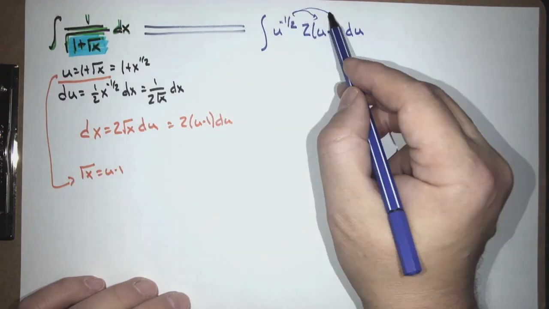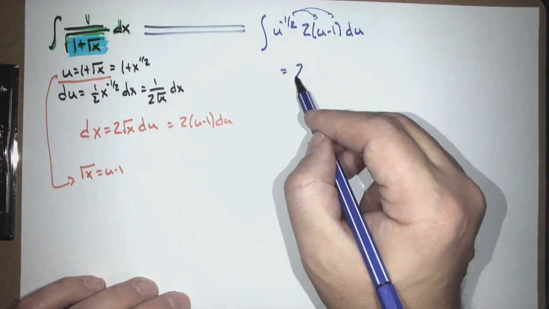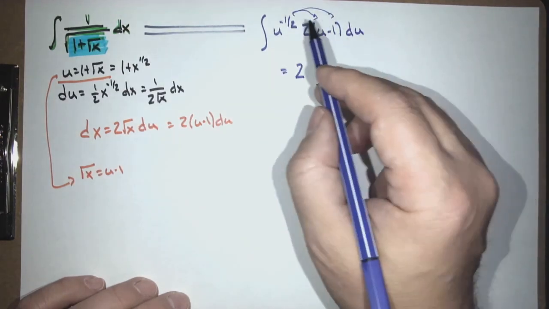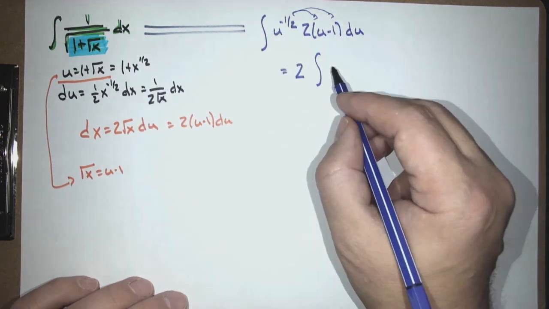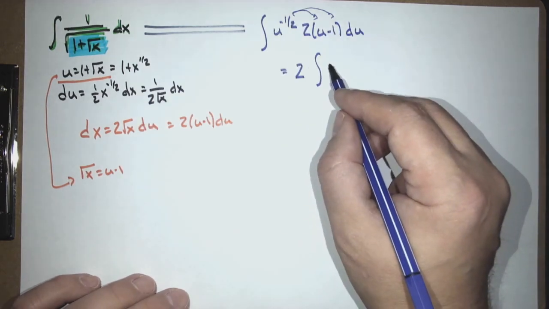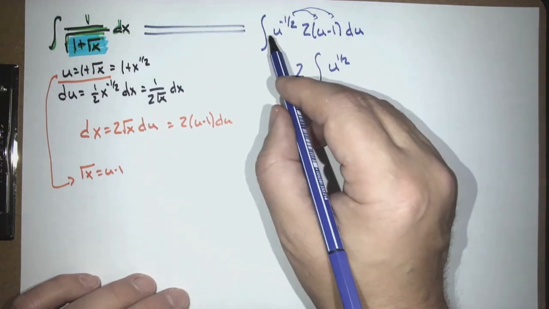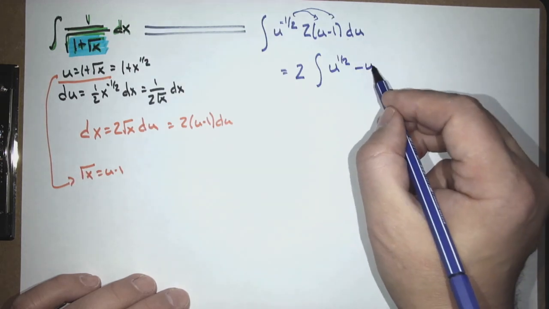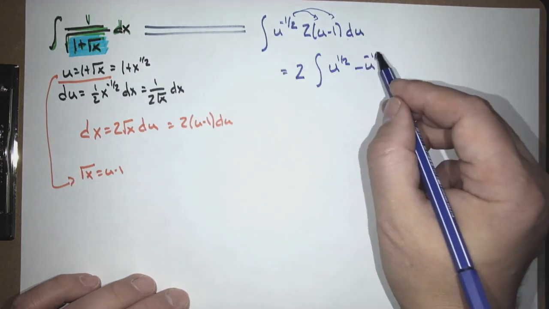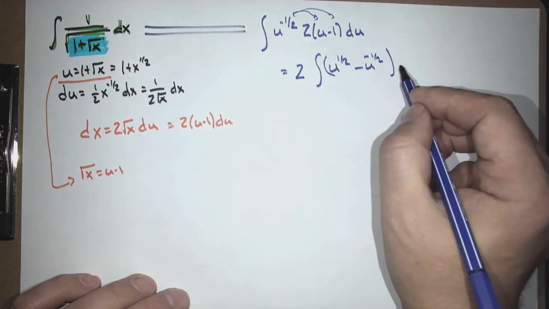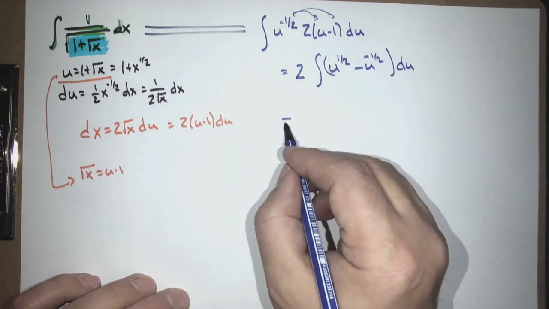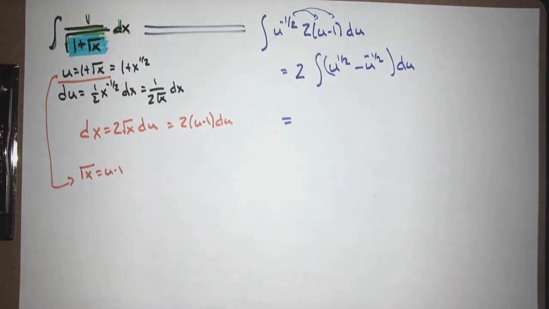Distribute. So pull the 2 out in front: u to the minus 1/2 times u, also known as u to the 1/2, minus u to the minus 1/2 times 1, so minus u to the minus 1/2. And now we're like, nice, because these are on our list.